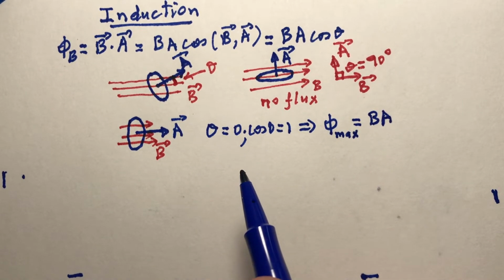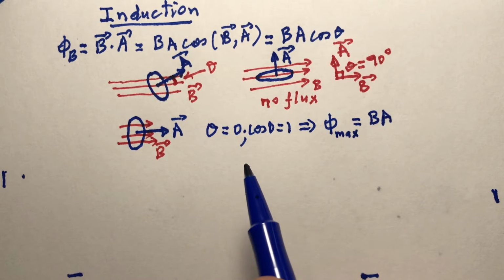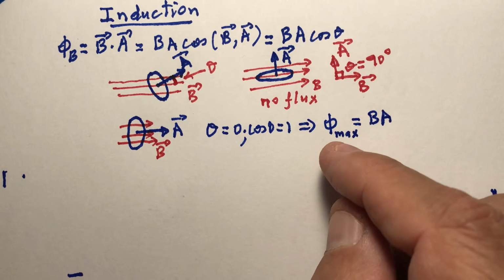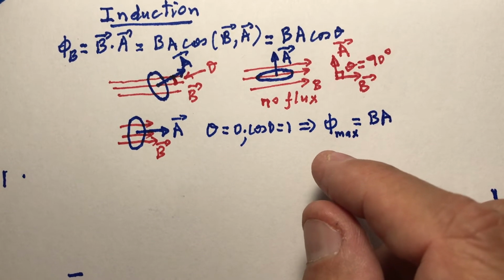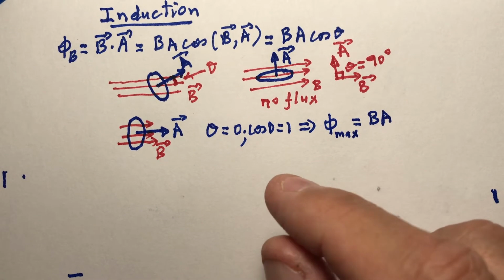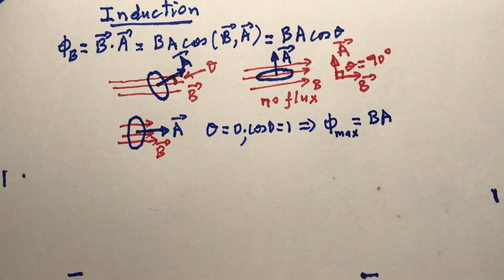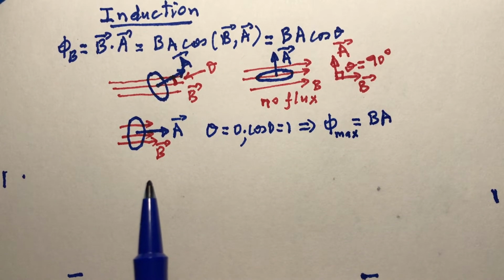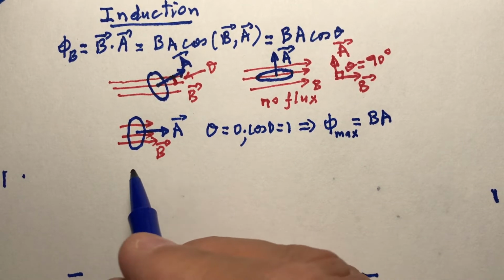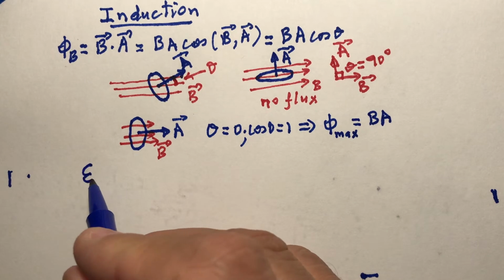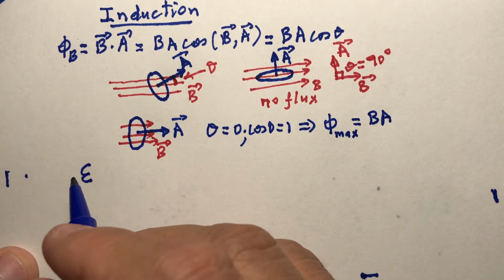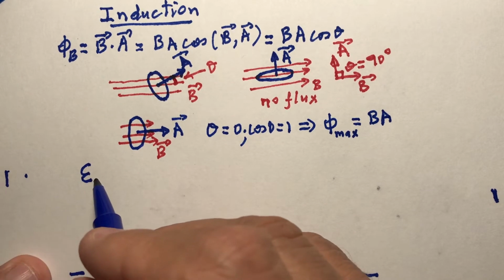So Faraday's law says that if you have a change in magnetic flux, you'll create an EMF, or a voltage. E is EMF, or electromotive force, which is a voltage.